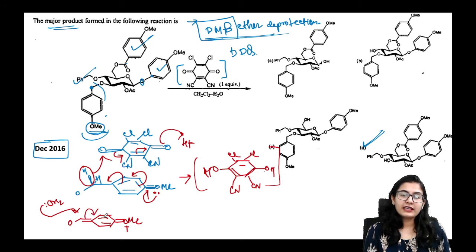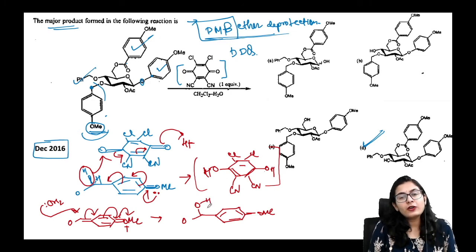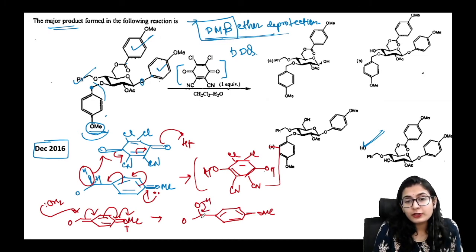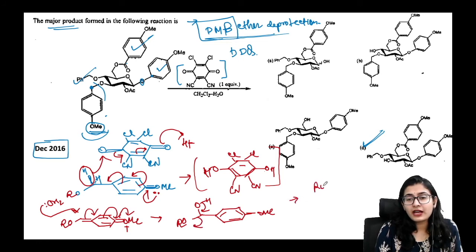Water attacked, and then the electron density falls back to the methoxy. Okay, and you have an OH over here. Alright, so finally the OH bond is going to break apart, and let's say this oxygen was coming from an alcohol ether. Okay, so that's going to free up the alcohol now, and you are going to get ROH.